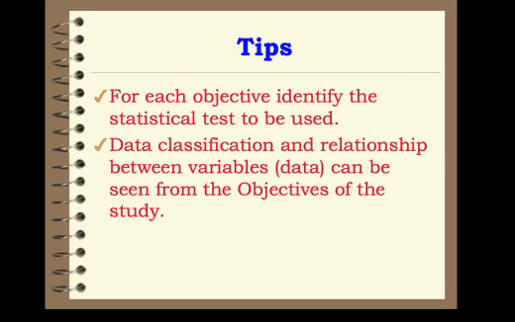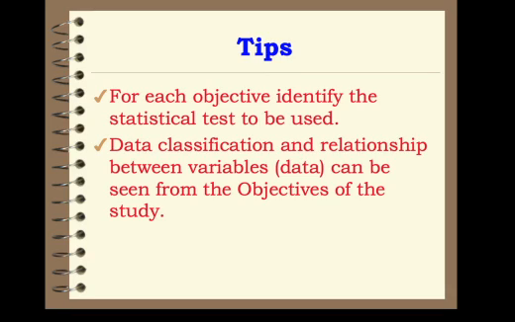Now, let's give you some tips when you make your research proposal. For each objective, you identify the statistical test to use. We told you that the statistical test to use depends on two important pieces of information: the data classification and the relationship among variables.